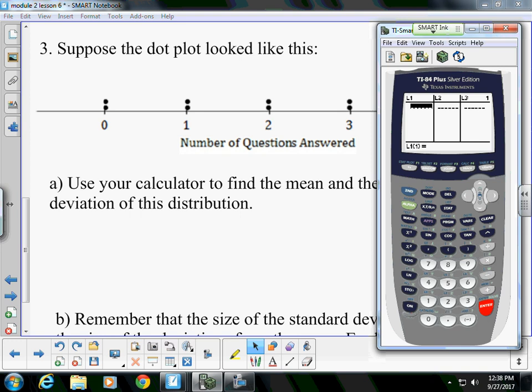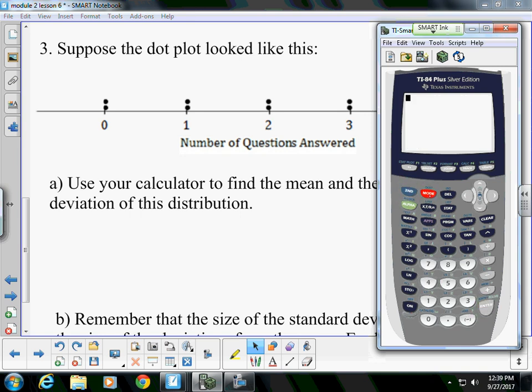Okay, and I'm putting 2 of everything in. So 0, 0, 1, 1, 2, 2, 3, 3, and 4, 4.